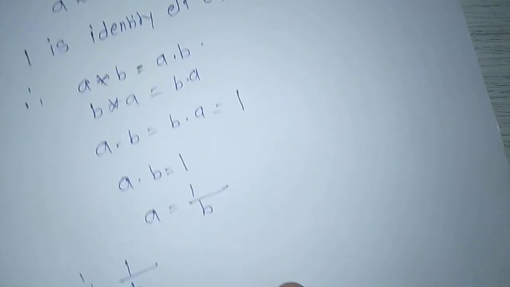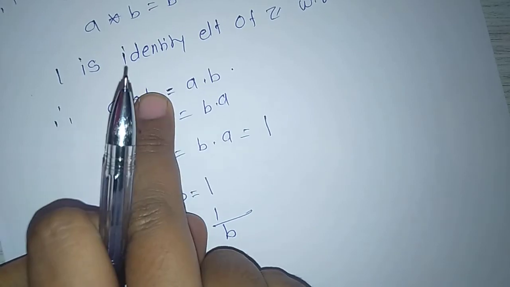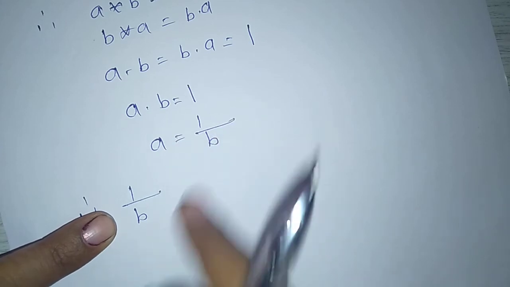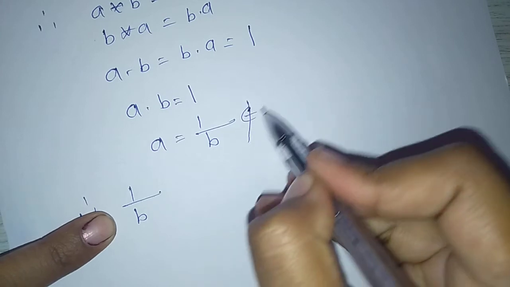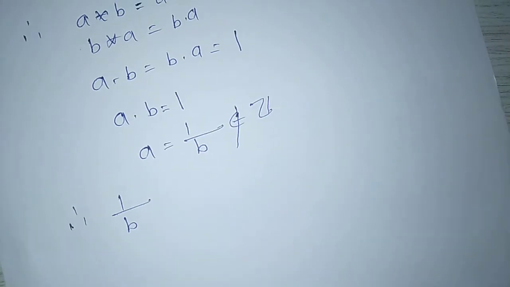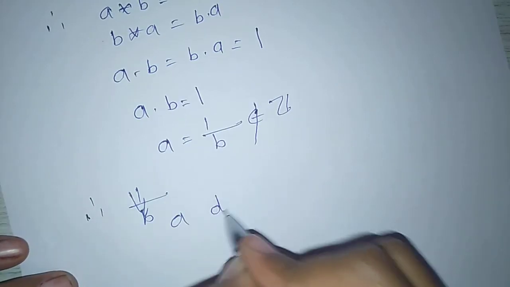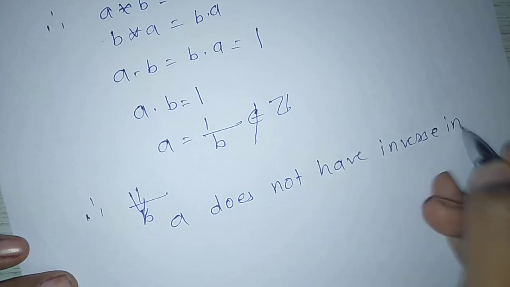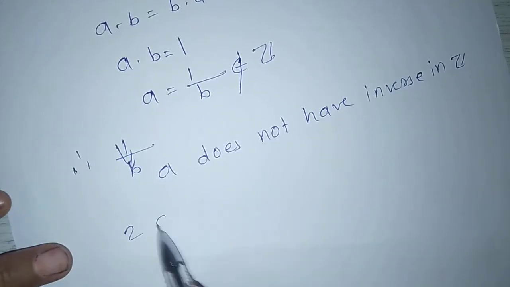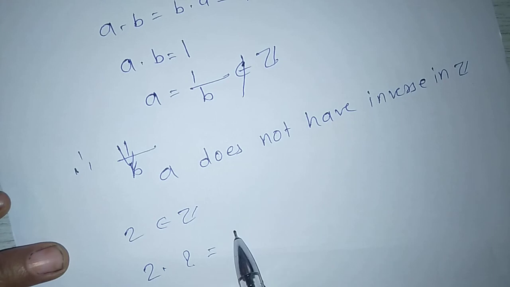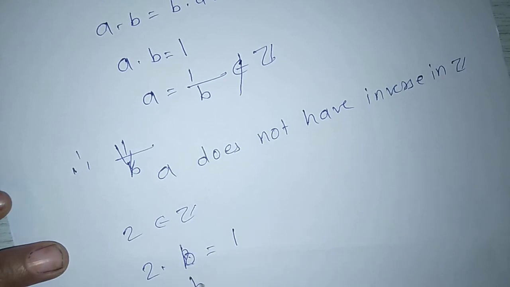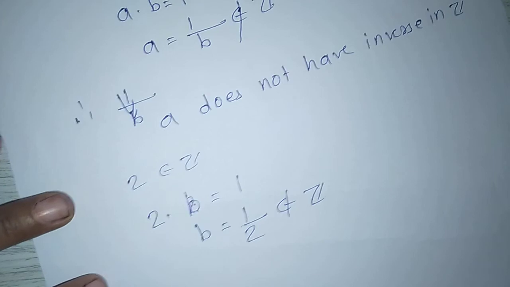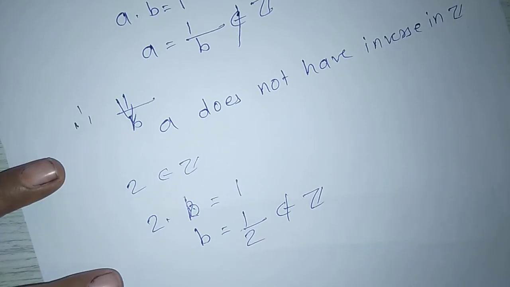But note that a, b belong to Z means b must be in Z. But here 1 upon b is not in Z, so a does not have an inverse in Z. For example, 2 belongs to Z, 2 into something equal to 1, here b equal to 1 upon 2, but 1 upon 2 does not belong to Z. Therefore Z does not have multiplicative inverses.